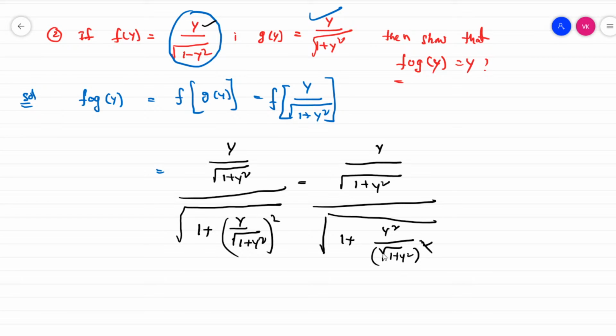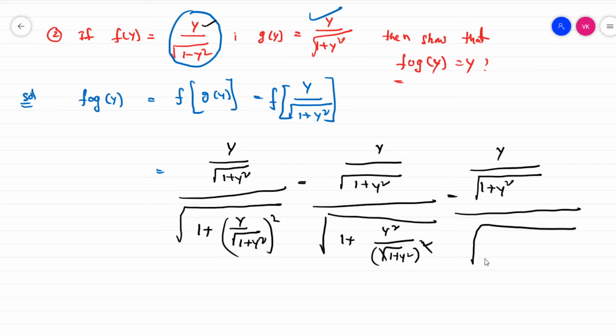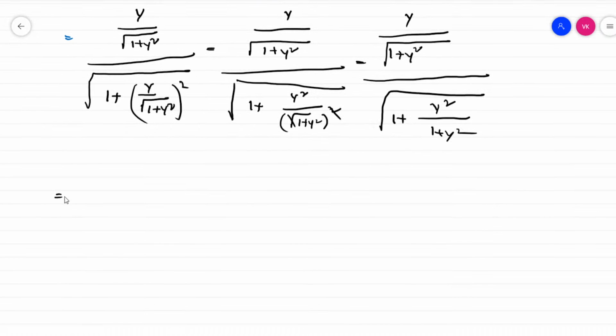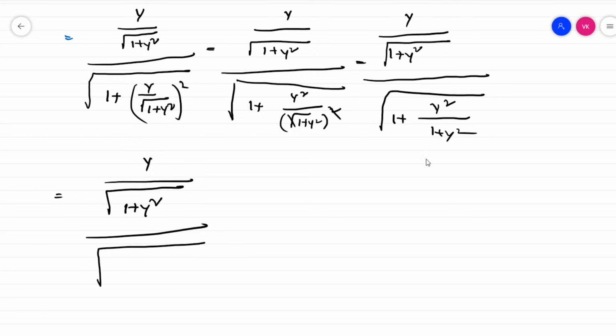So we can cancel the square root and square easily, then we will get y by 1 plus y square, and in the denominator 1 plus y square by 1 plus y square. Okay, let's simplify the denominator by LCM. Doing LCM, we can write y by square root of 1 plus y square whole by 1 plus y square whole by 1 plus y square.